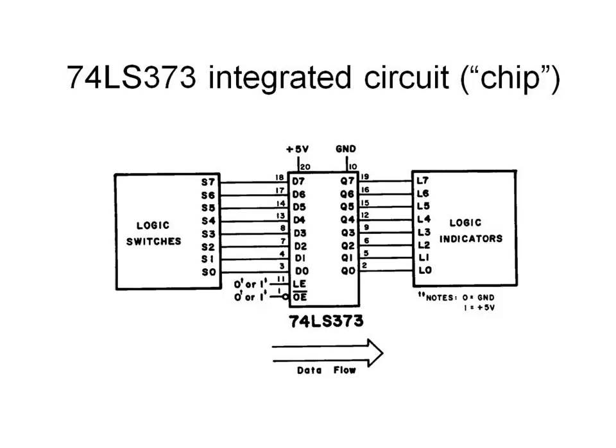So what it does is it is intermediate between some mechanical devices called logic switches, and some equally sort of mechanical devices called logic indicators. And data flows from the switches to the logic indicators, which are a form of display.